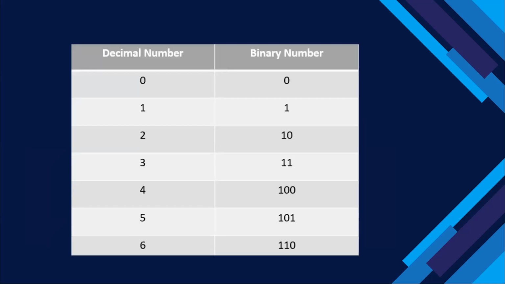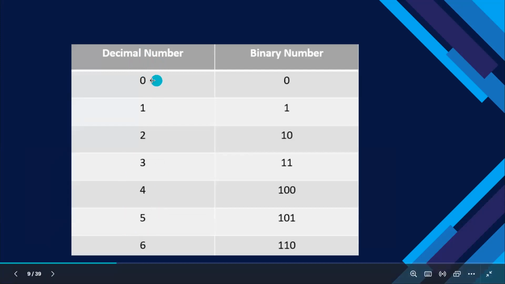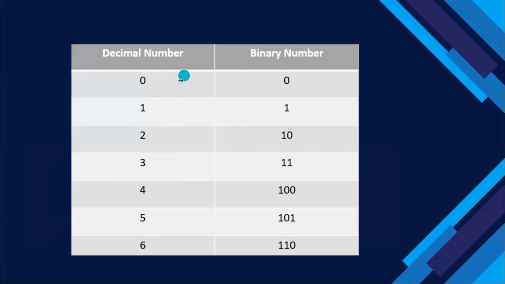So if you look at this table right over here, you see that the first column of this table shows you the first few decimal numbers from 0 to 6. And the second column actually shows you the relevant binary form. If you just take a closer look at the first two rows here, you would see that the 0 that belongs to the decimal number system is actually equal to the 0 that belongs to the binary number system.